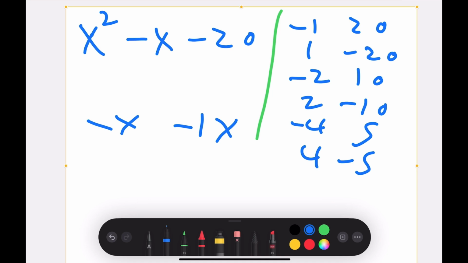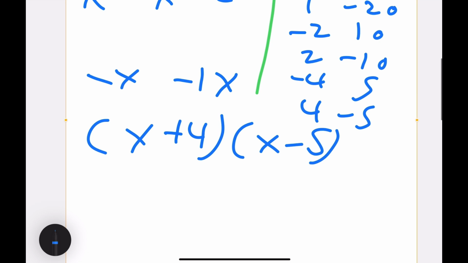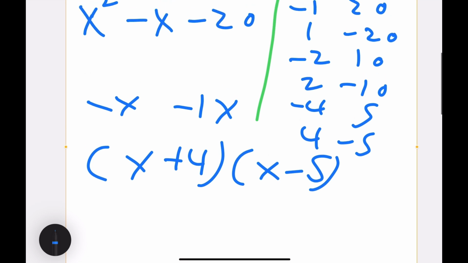And 4 and -5, well, 4 minus 5, that's -1, so that is going to be our numbers. So it's going to be x plus 4 and x minus 5, as 4 multiplied by -5 is -20, and 4 minus 5 is -1. So yes, that's correct, so that is the final answer.